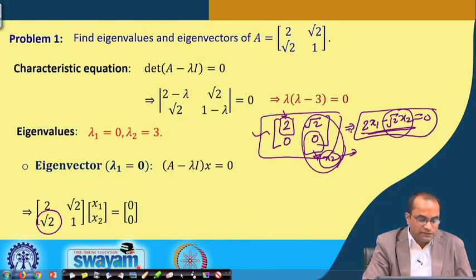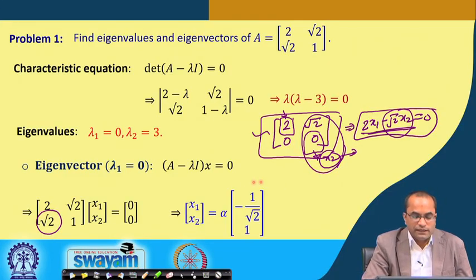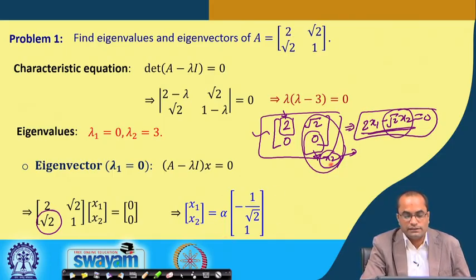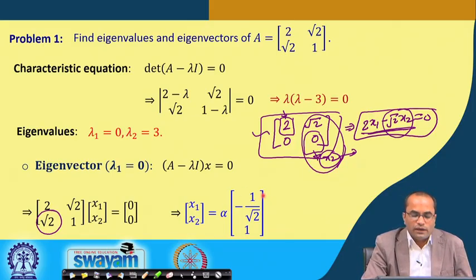Out of these many possibilities, we can just pick one vector. For instance, x 2 was taken as the free variable alpha, and then x 1 is coming 1 over square root 2 with the minus sign, or any multiple of this. For instance, we can multiply by square root 2. When we multiply both by square root 2, this will become 1.